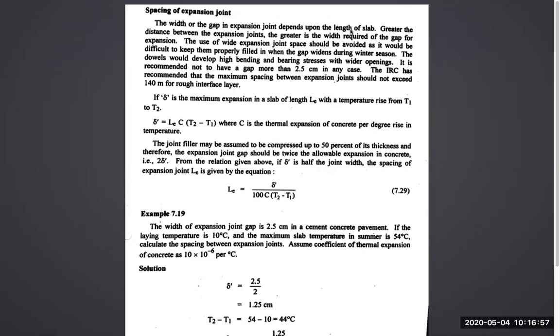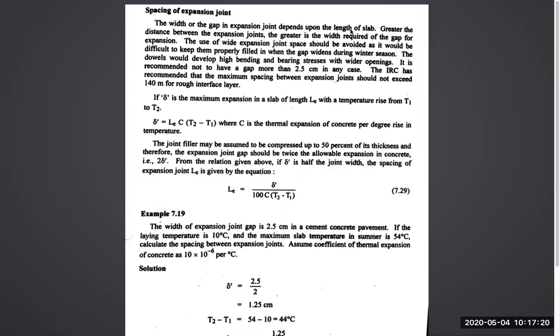So maintaining these joints and designing appropriate specifications with an accurate gap is very important. So the Indian Roads Congress has specified certain standard values to be maintained for designing these particular joints.